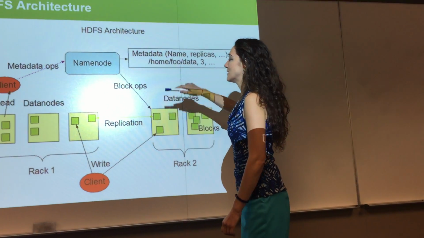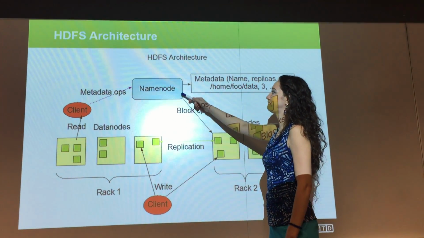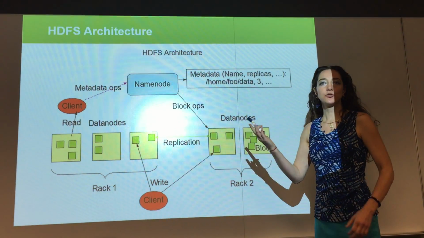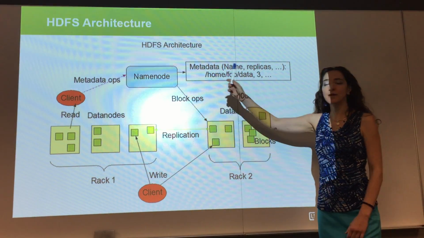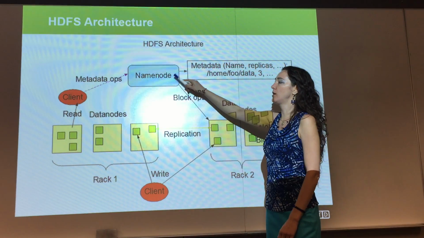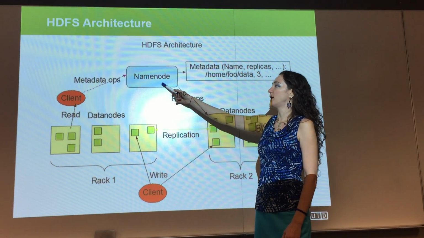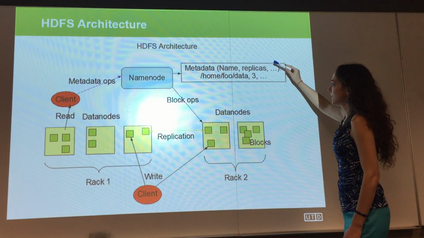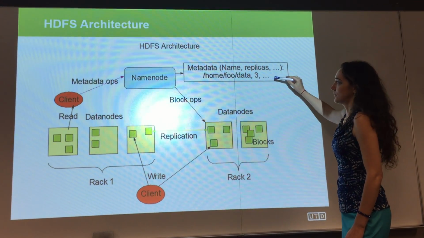So there is a master node, the name node, which is very similar to the root directory on the regular file system. It contains the information about all the subdirectories of the directory tree, where they're located and how to find them. So this master name node has the metadata, names and replicas of all the files.